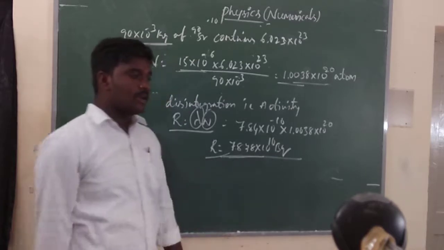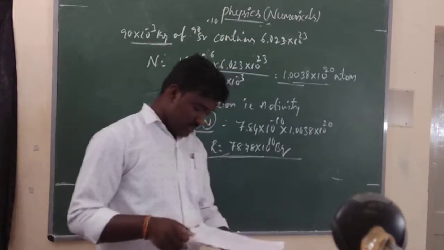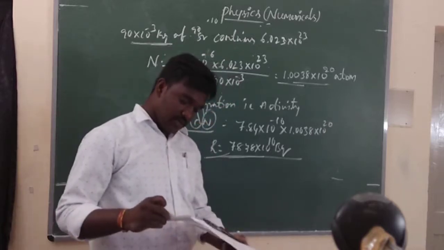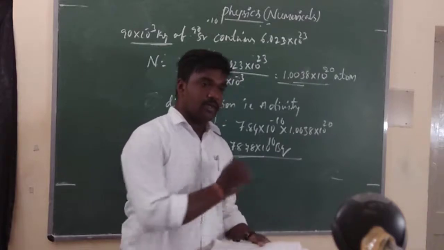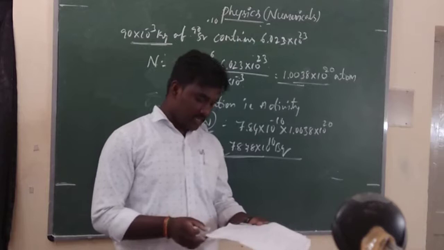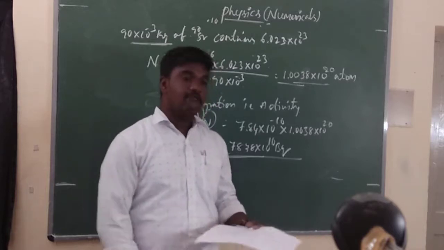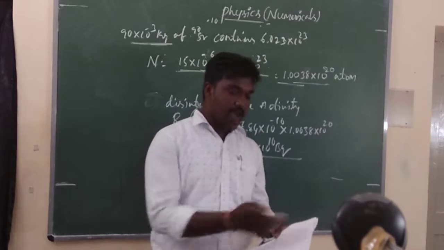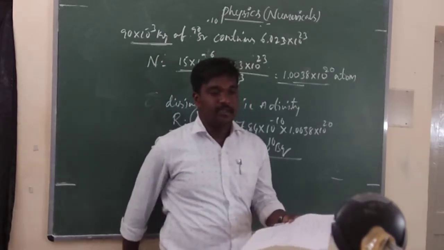So first, what did we calculate? The question asks for the disintegration rate. The given items: first T half, then the mass of the calcium, 15 milligram. Then we have to find the lambda value, and the number of atoms present in 90 grams of calcium.